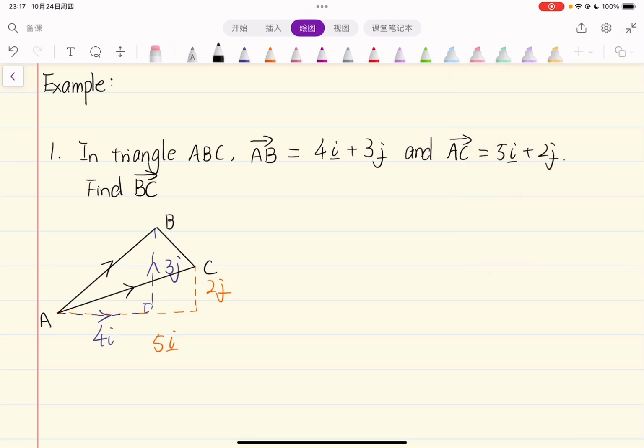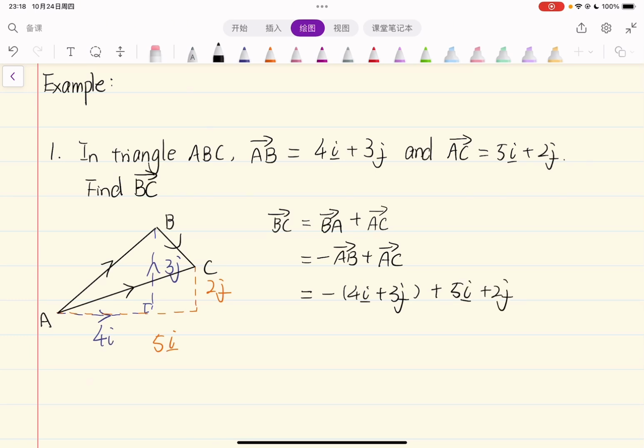Now it asks you to find the vector BC. We can see that the vector BC equals vector BA plus vector AC. That equals negative vector AB plus vector AC, equals negative (4i plus 3j) plus (5i plus 2j).